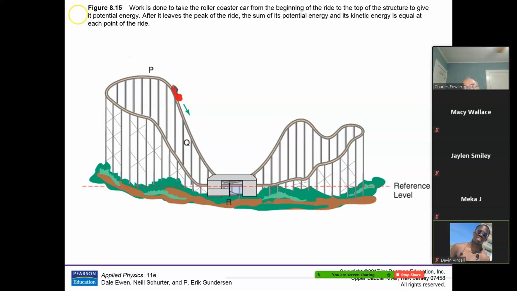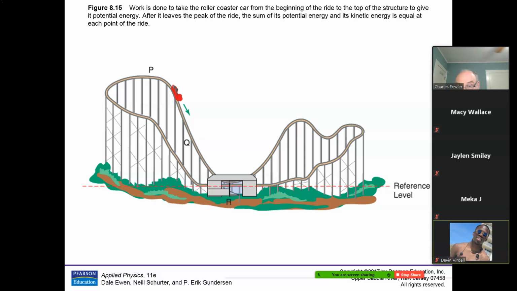Now, as soon as it leaves the peak of the ride, that's the P here, the highest point, the sum of the potential energy and its kinetic energy is equal at every point on the ride, at least theoretically, okay? In other words, the mechanical energy is conserved because the sum of potential energy plus kinetic energy is mechanical energy, and that is constant.